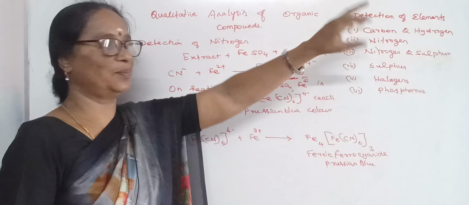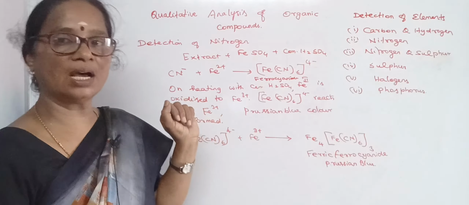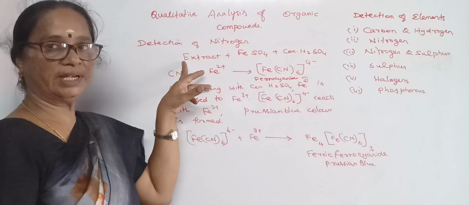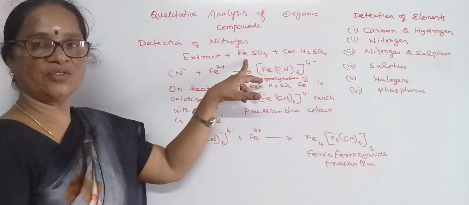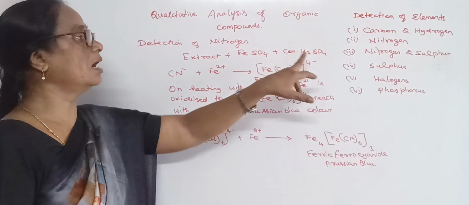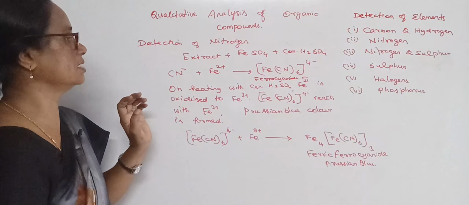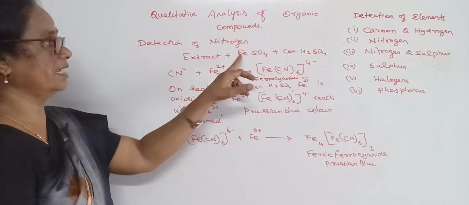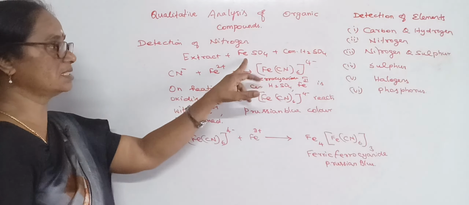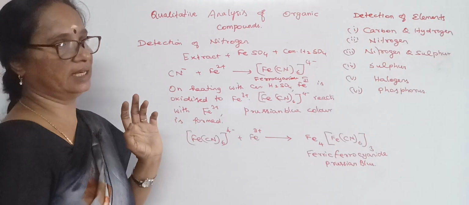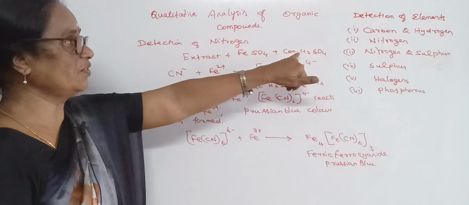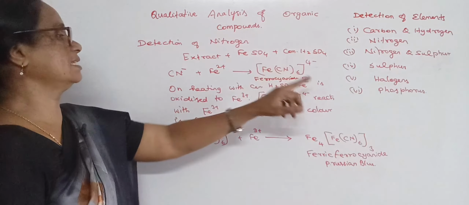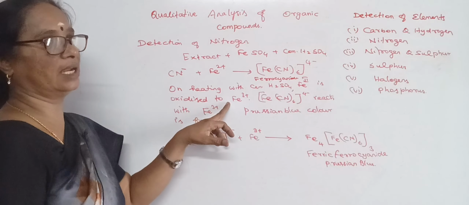To detect the presence of nitrogen in a given organic compound, let us take that sodium fusion extract and treat it with ferrous sulfate and concentrated sulfuric acid. The fusion extract contains cyanide ion, which reacts with the ferrous ions of ferrous sulfate to form ferrocyanide. On further heating with concentrated sulfuric acid, some of the ferrous ion gets oxidized to ferric ion.